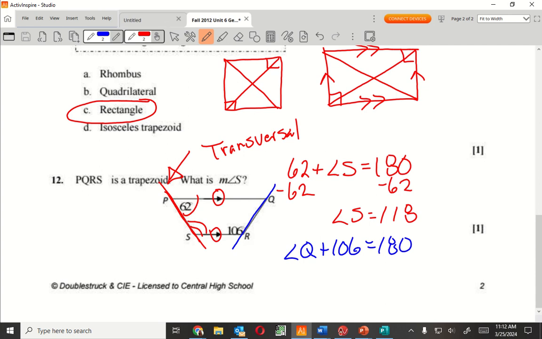If we're solving for angle Q, I'm not implying that you might see that on the test, but you had to find the other one, minus 106 from both sides. Angle Q is 74. Because if it was 62, it would be the same as this other angle over here. But it's not the same as that one. That's why I redid this one, so you can see they are different transversals, so they come up with different values.